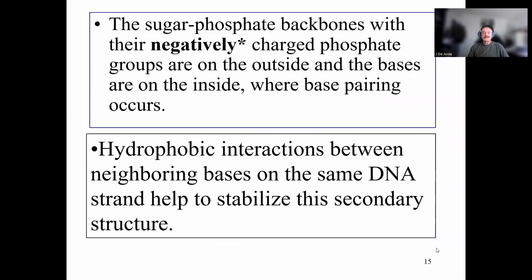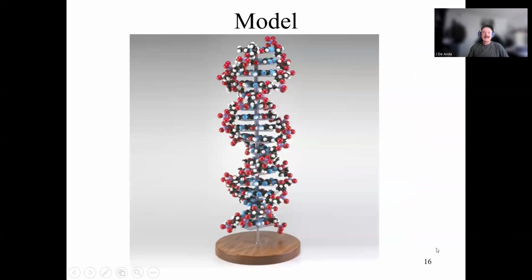Okay, let's go back here. This is an actually assembled three-dimensional model. And again, it accentuates, if you can see all of these red spheres here, those are the oxygens in the phosphate groups. And as you can see, they're all on the outside, forming like the handles of the spiral staircase.